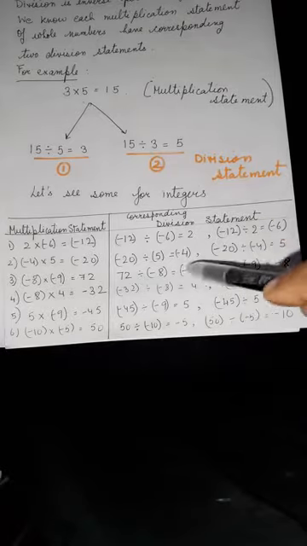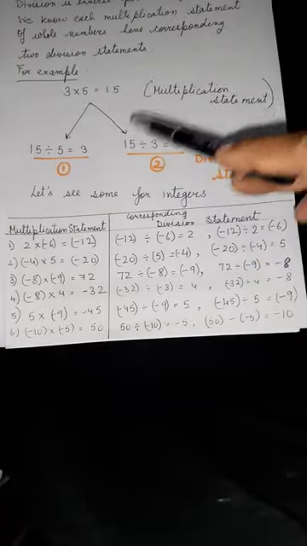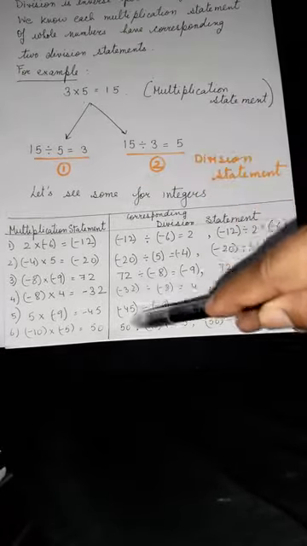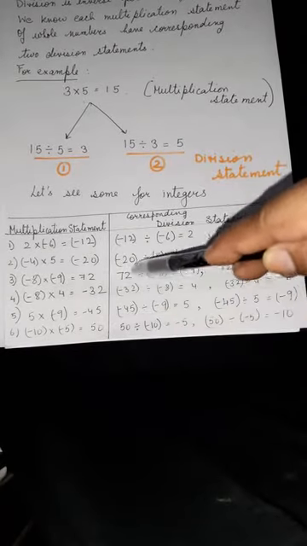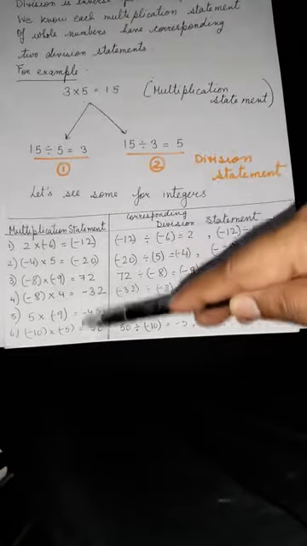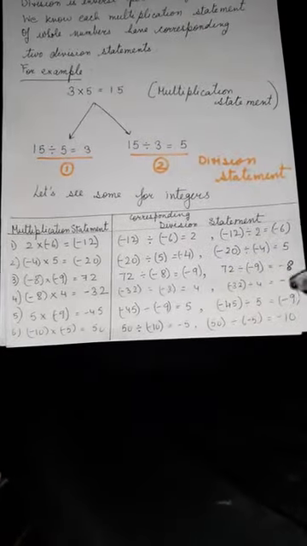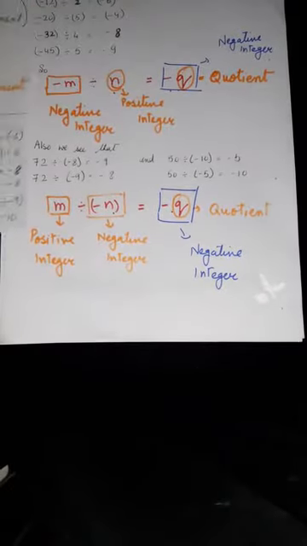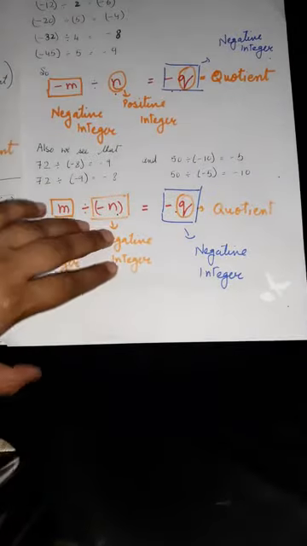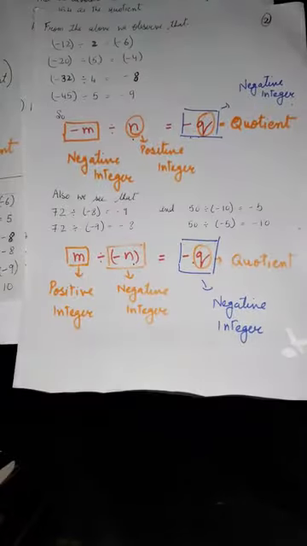This is the corresponding division statement like we have done here. So these are also the corresponding division statements that we have derived from these multiplication statements, right?